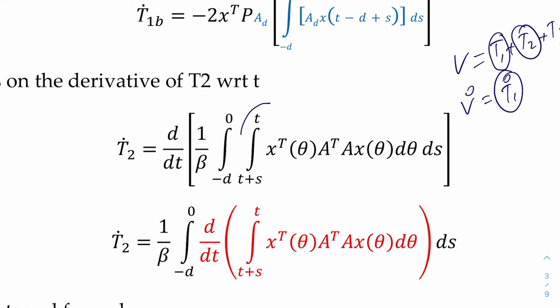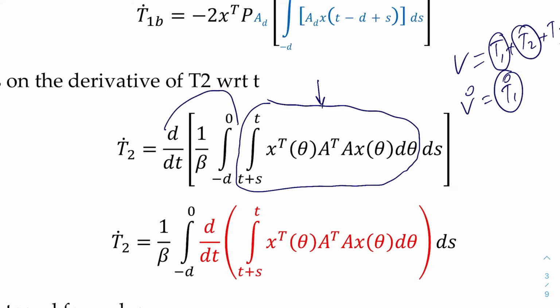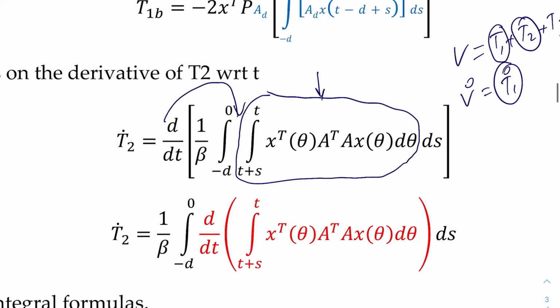So first of all, let's focus on this expression. Only this expression has a t term, and here we can see the time term, right? Other expressions don't have that, so we can just put the derivative operator in that position.